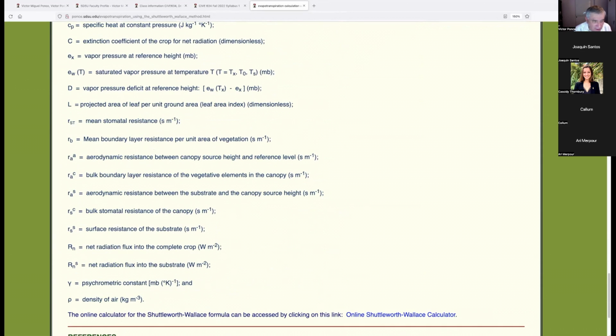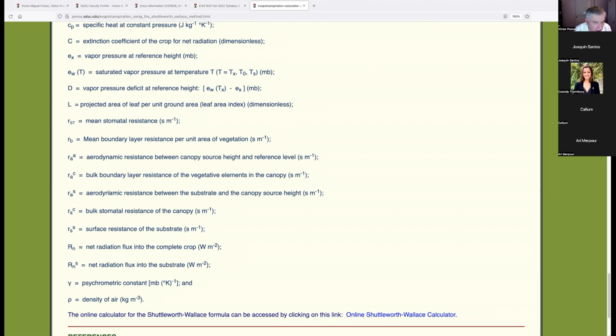Isn't that ridiculous? Now we have R sub A, R sub AA, R sub AC, R sub AS. R sub AA, aerodynamic resistance between canopy source height and reference level. R sub AC, bulk boundary layer resistance with the vegetative elements in the canopy. R sub AS, so when we talk canopy is vegetation, but then we're going to have the substrate, that's the soil.